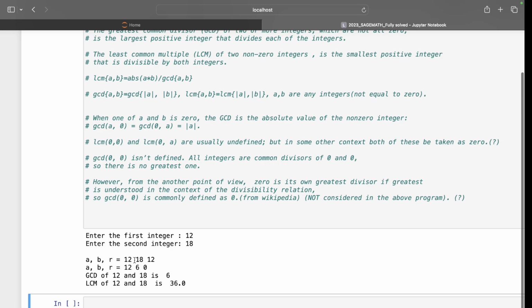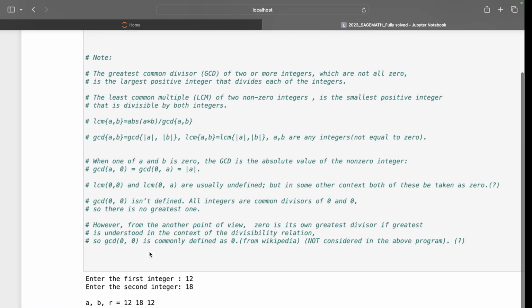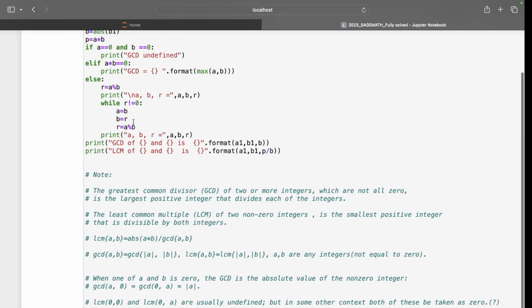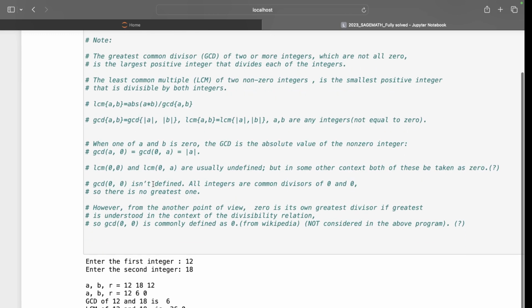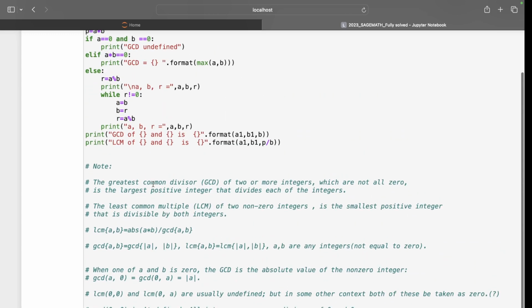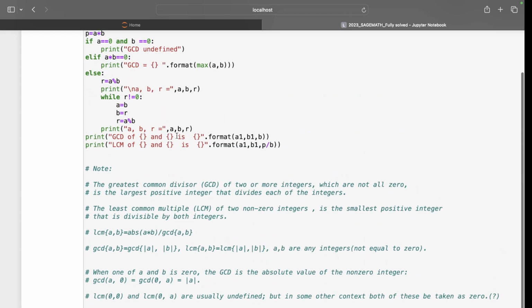When 12 is divided by 18, the quotient is 0, so the remainder is 12. This remainder 12 is used in the next step. The next step is A, B, R.